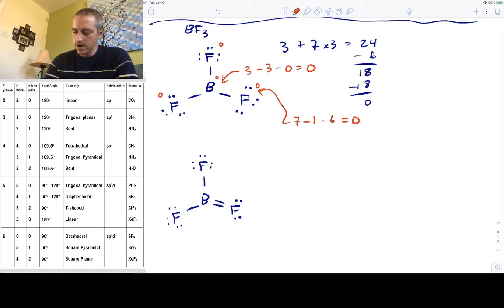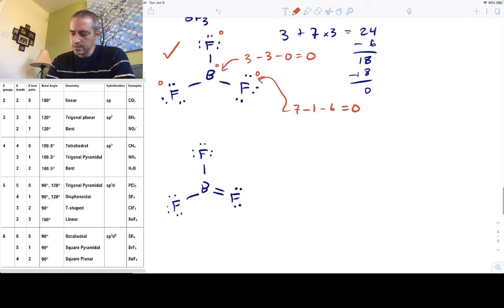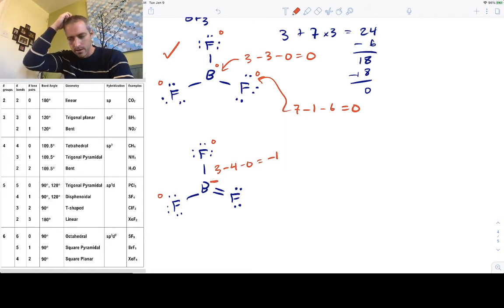Formal charges are great for that compound, even though the boron doesn't have a full octet. The compound down here, however, has 0 for the fluorine, 0 for the fluorine. The boron is now 3 valence electrons minus 4 bonds minus 0 is negative 1. So put a negative on the boron. The fluorine becomes 7 minus 2 for the 2 bonds minus 4 for the 4 electrons is plus 1.